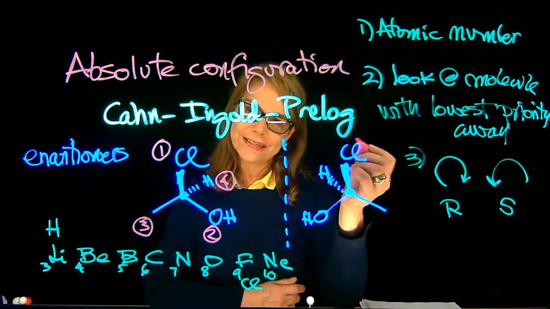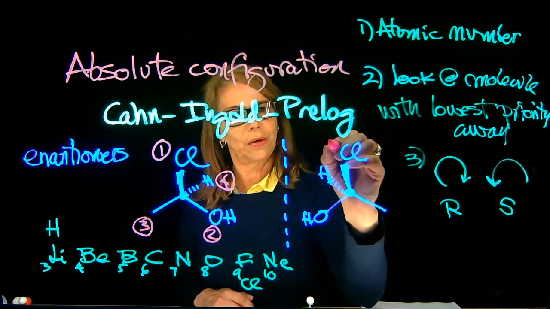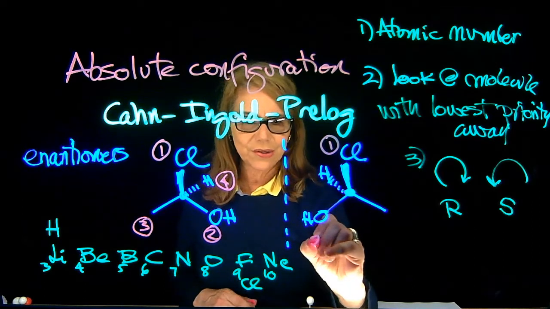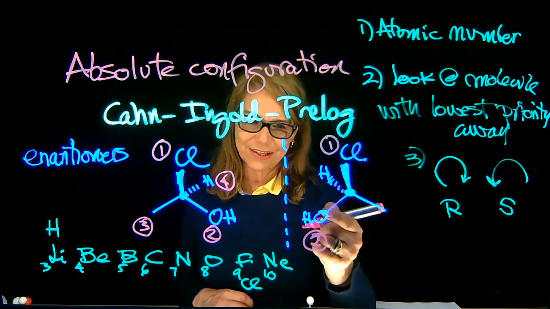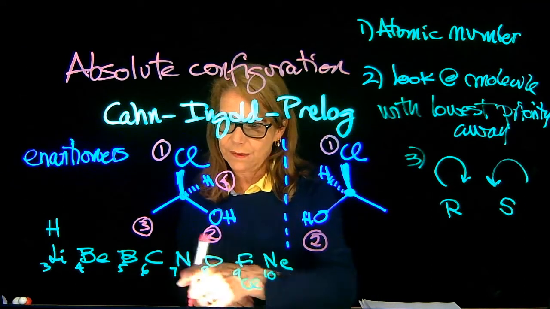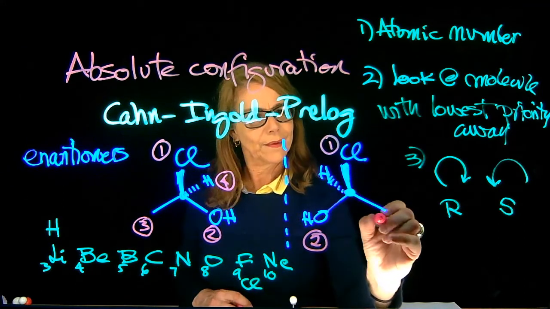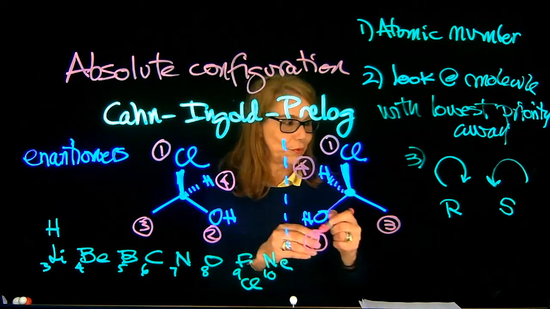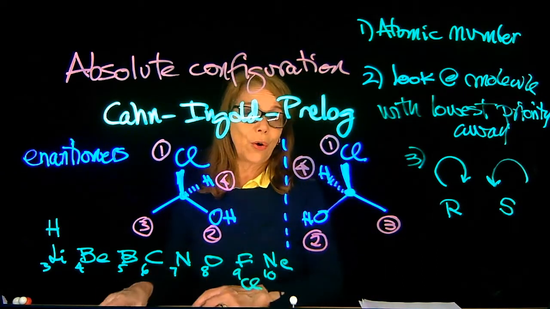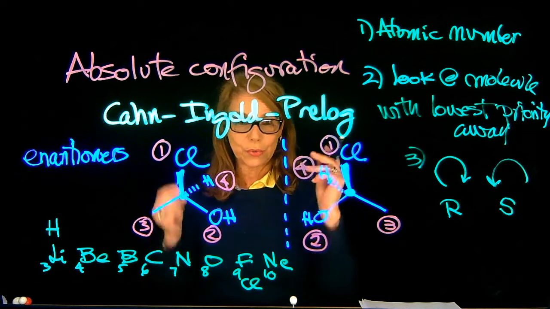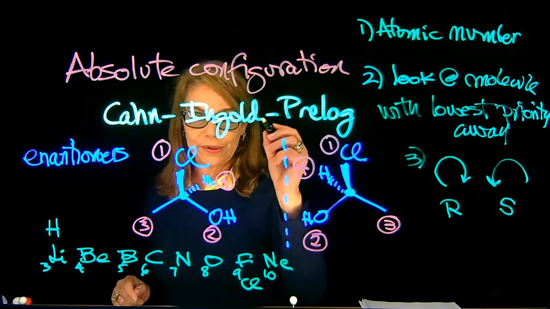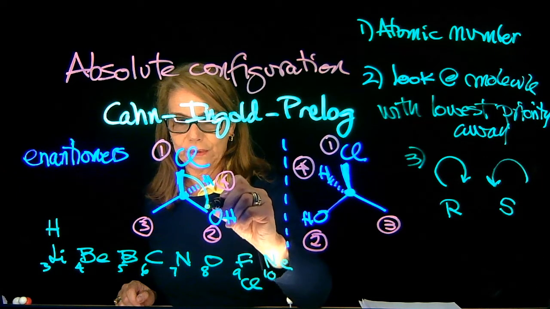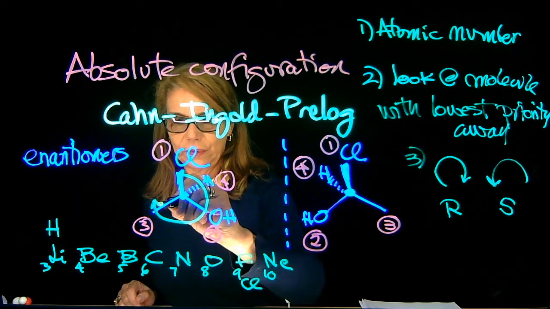And we can do the same in the enantiomer. Chlorine has the same substituents, right? So this is priority 2. Oxygen has a greater atomic number than carbon, so that will be 3, and that will be 4. Applying what we just did, let's follow the sequence 1, 2, 3. The highest priority is chlorine, so I'm going to go this way. Then we go to the OH, then to the CH3.